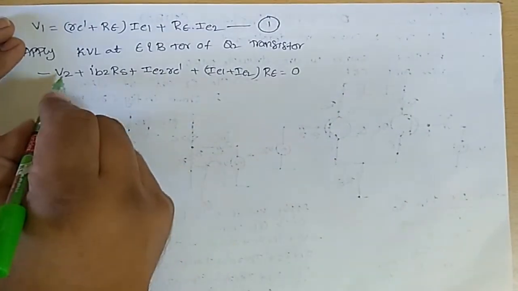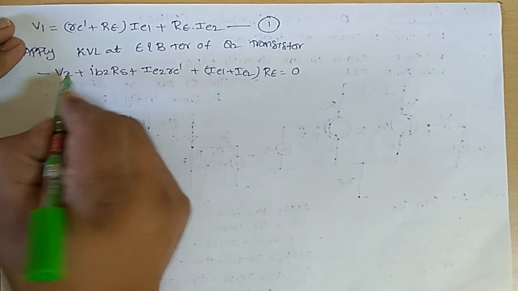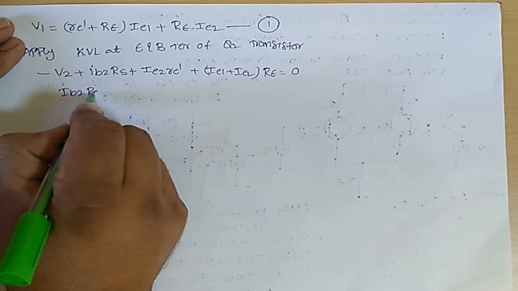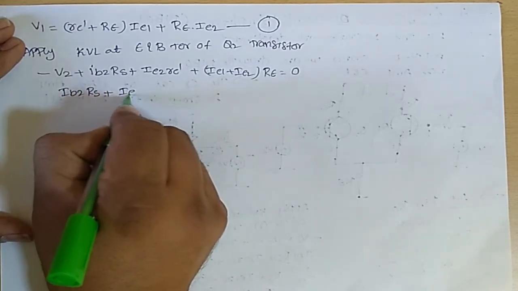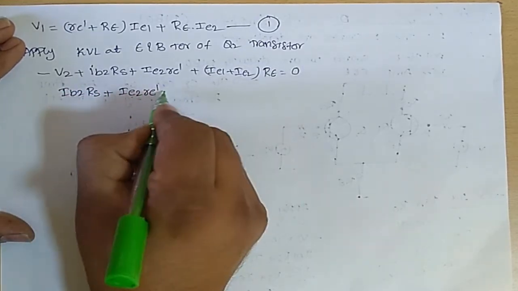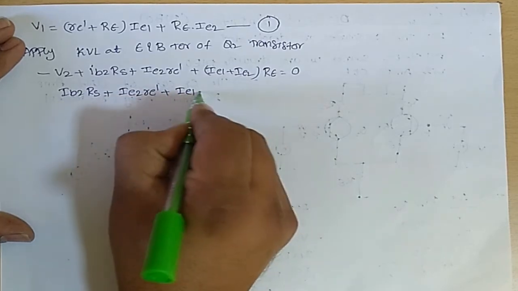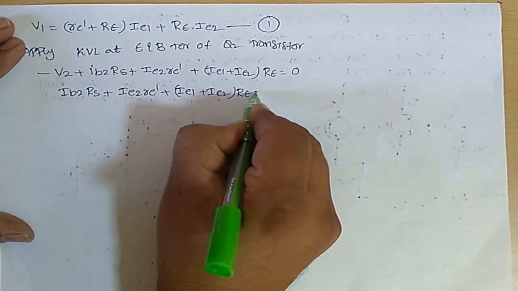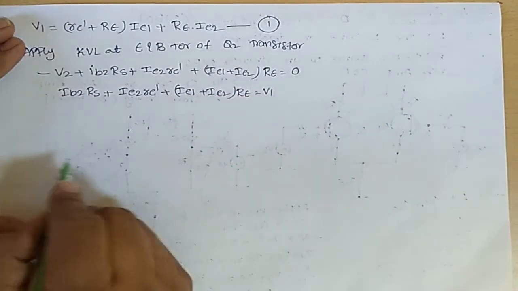Again this voltage term can be shifted to the right side, and we get IB2 into RS plus IE2 into Re dash plus (IE1 plus IE2) into Re equal to V2.